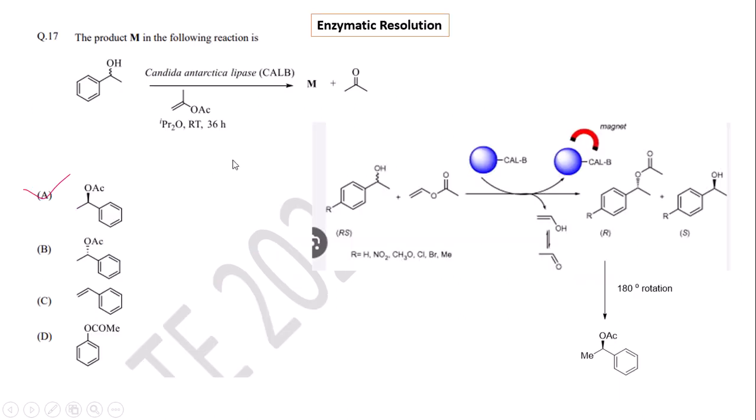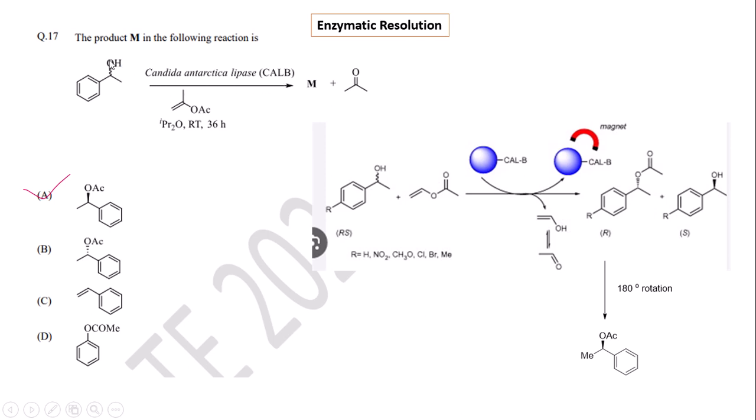We know that the resolution of alcohols can take place by chemical methods or enzymatic methods. In the chemical method, we know that phthalic anhydride is used for the separation of the R or S isomers from the RS mixtures. Enzymes can also solve the same problem, using Candida antarctica lipase enzymes.